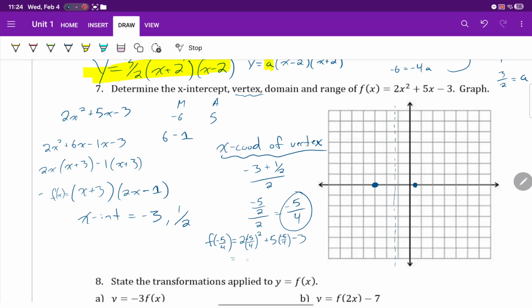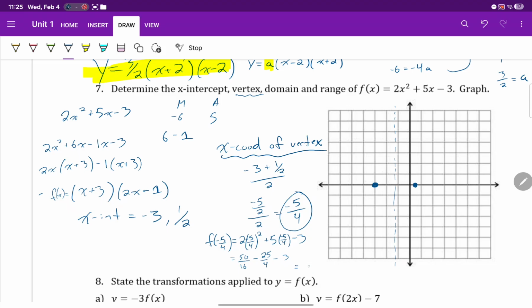Oh boy. Square 25. That's 50 over 16, minus 25 over 4, minus 3. Oh boy, we're checking my mental math here.